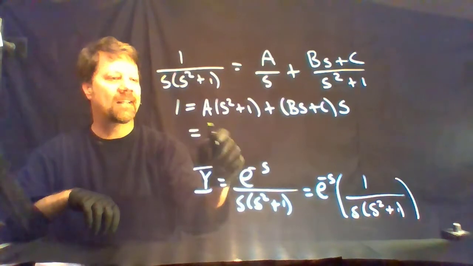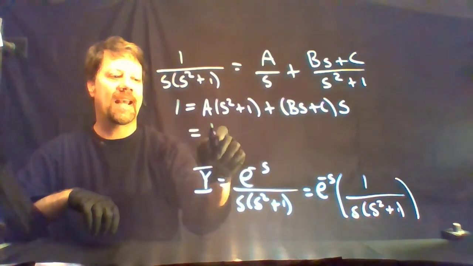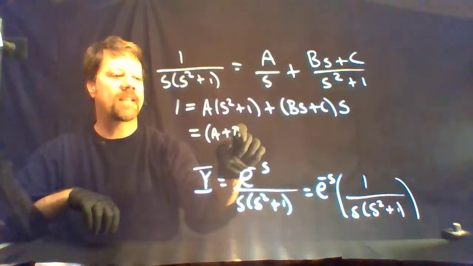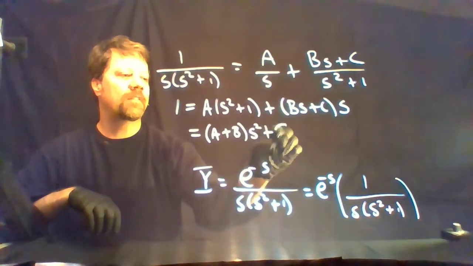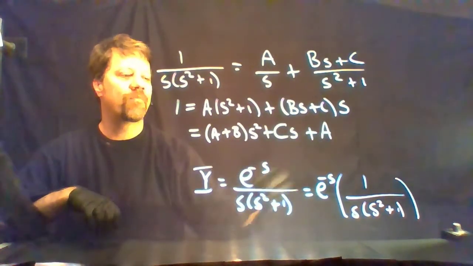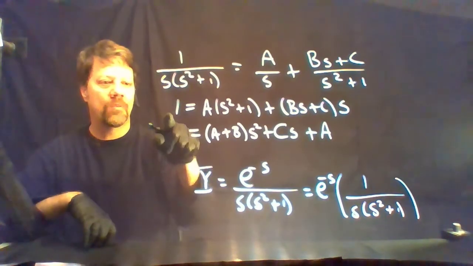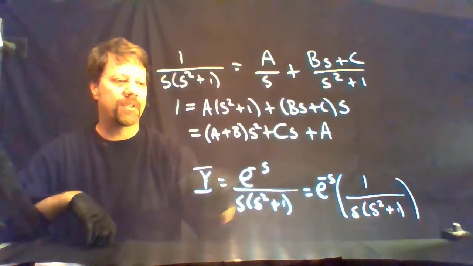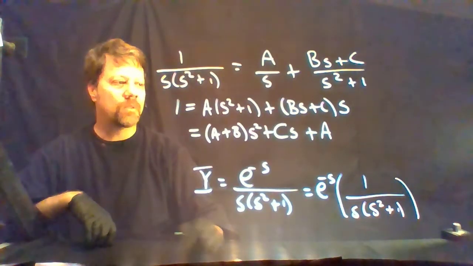If we combine like terms on the right-hand side, you can see that you have a bs squared and an as squared. That's a plus b times s squared. You'll have c times s, and then the only constant term is a. A fact about polynomials is one polynomial equals another polynomial if and only if corresponding coefficients are equal.